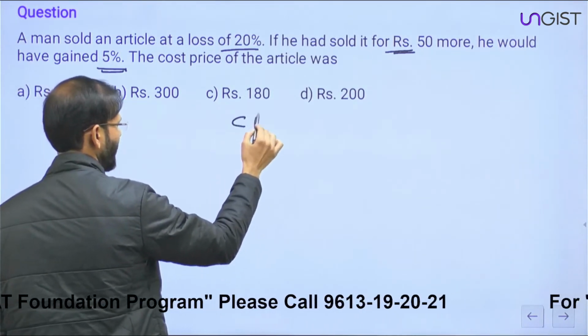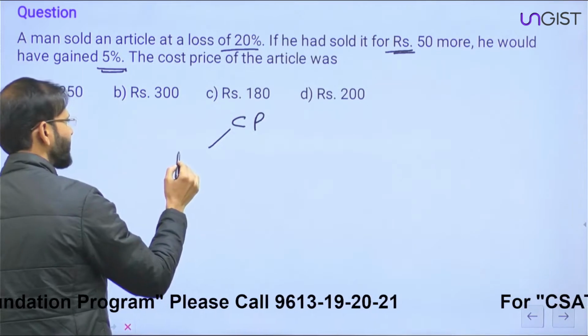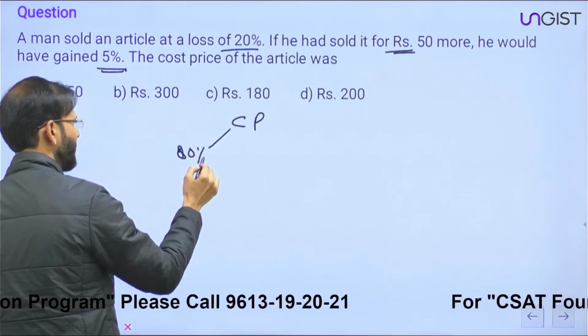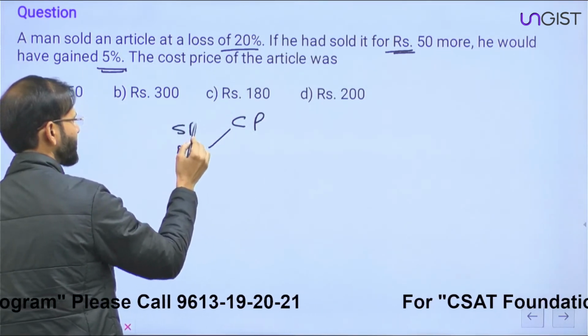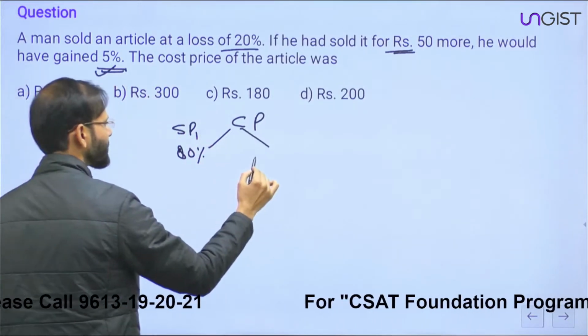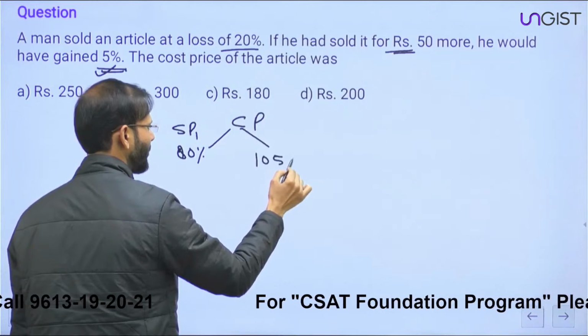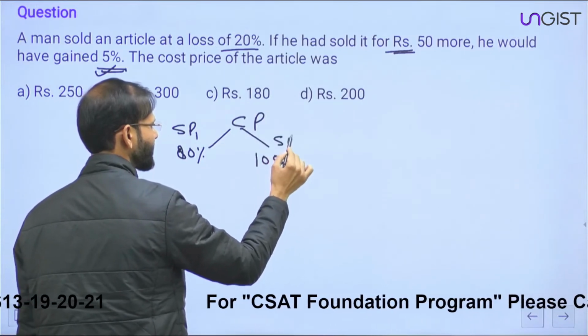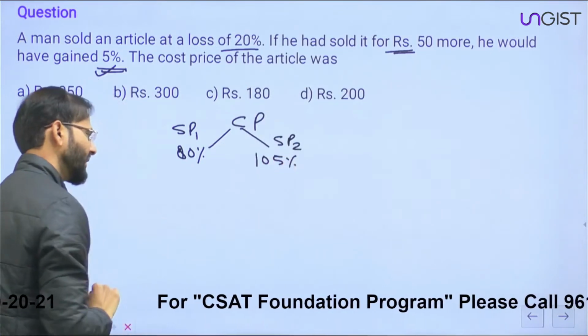So CP, this is 80% of the CP, obviously SP1, because this is 20% loss, and this is what? 5% gain. So 105% of CP, this is SP2, right?